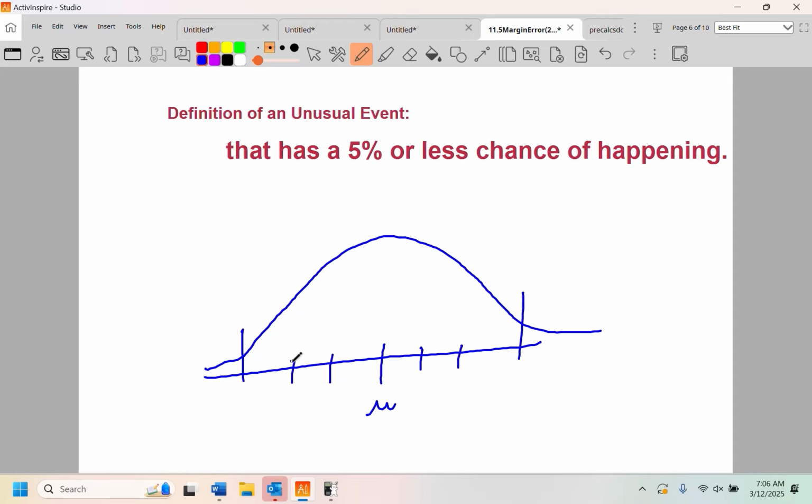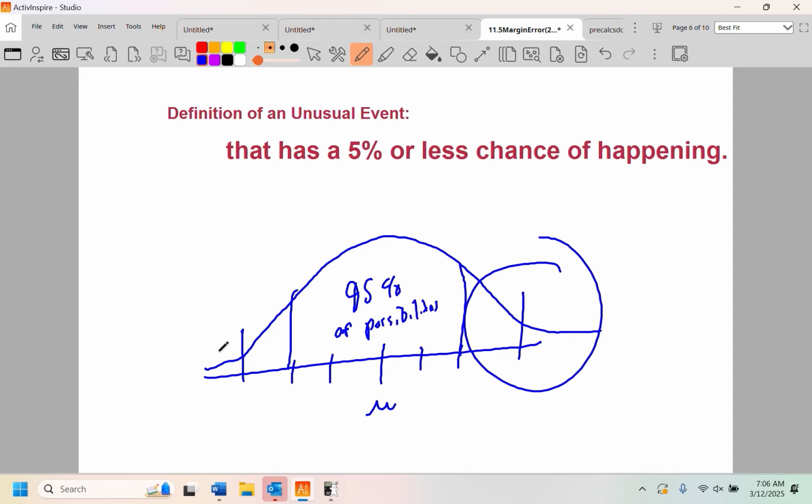These two regions right here account for 95% of the possibilities. This tail and this tail are 2.5% each.